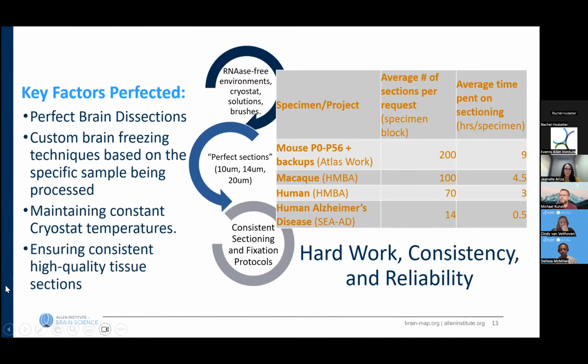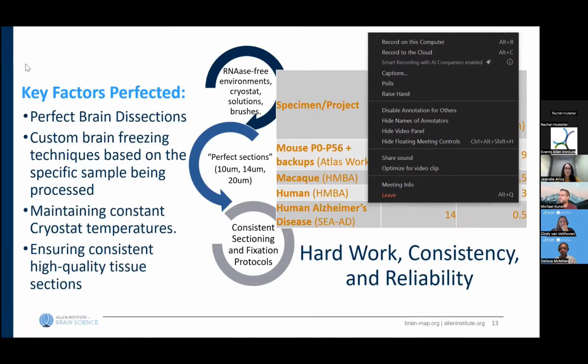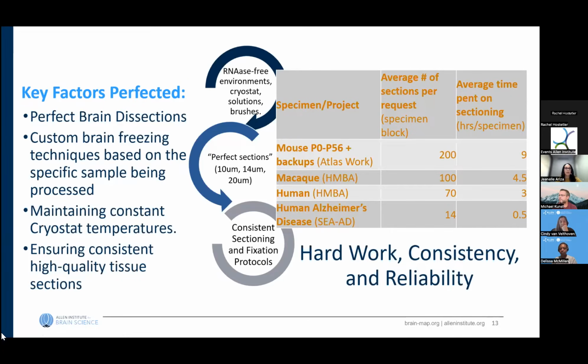Next. So, as I mentioned before, there are so many factors that need to be perfected. The perfect brain dissections, the custom brain freezing techniques that we have to keep to avoid freezing artifacts or freezing damage during the process, maintaining constant cryostat temperatures that have to be reliable and consistent all the time, ensuring consistent high quality tissue sections.